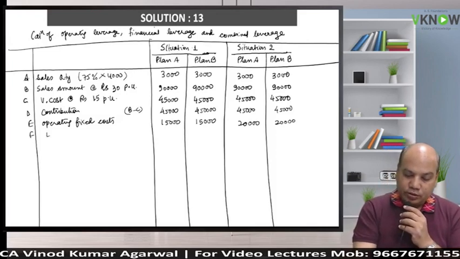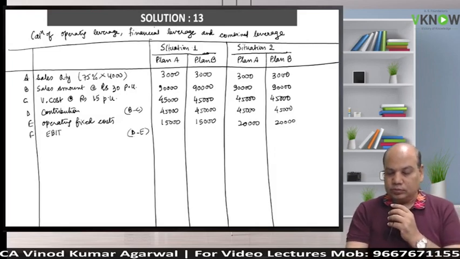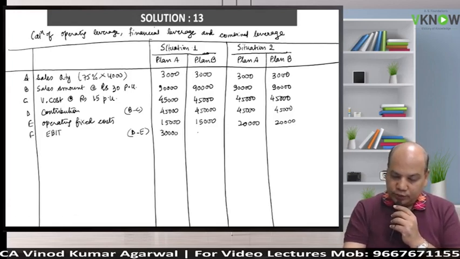Point number F, write down EBIT, D minus E, that is 30,000, 30,000, 25,000, 25,000.